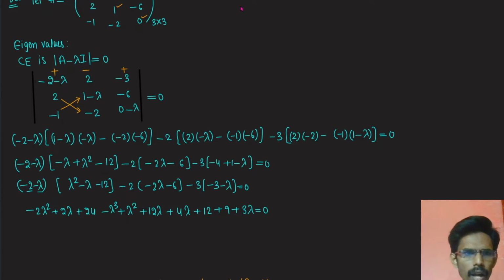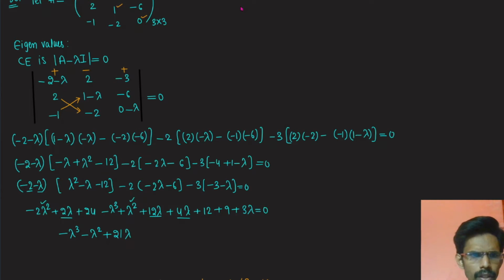Now here we have the highest power lambda cube, so we have minus lambda cube. Next we have lambda square, 2 lambda square are there, so it will become minus lambda square. Next we have lambda terms: 12, 14 plus 4, 18 lambda, 18 plus 3, 21 lambda.